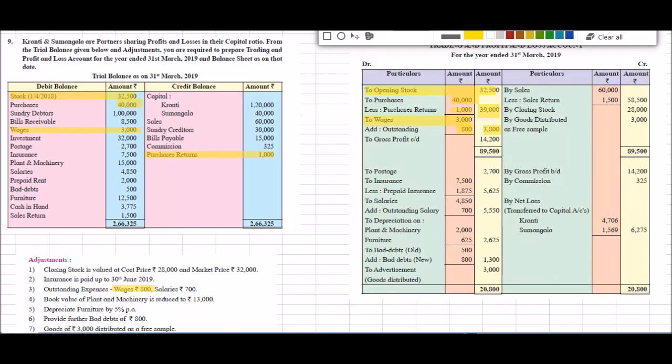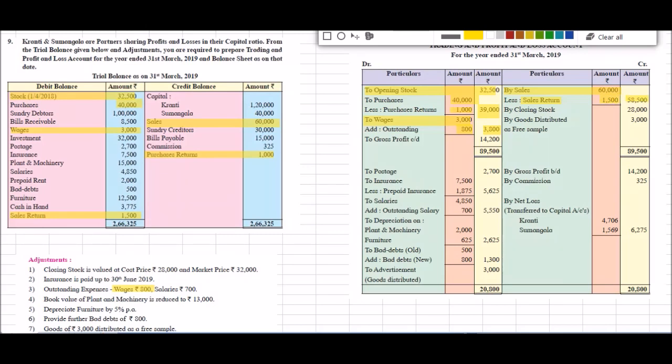The sales amount is 60,000 rupees, and we need to deduct the sales return amount of 1,500 rupees. After deducting the sales return, it becomes 58,500 rupees.